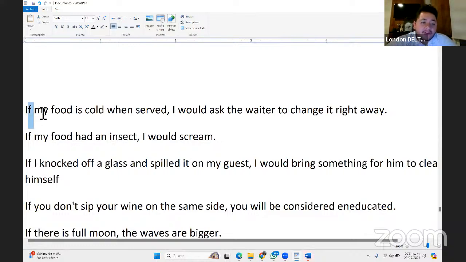Why don't we have it in the rest of the sentence? Because this is a real conditional, so I'm not talking about suppositions. I'm just talking about what I will do in a real situation. While when you use a second conditional, which is with would, right?